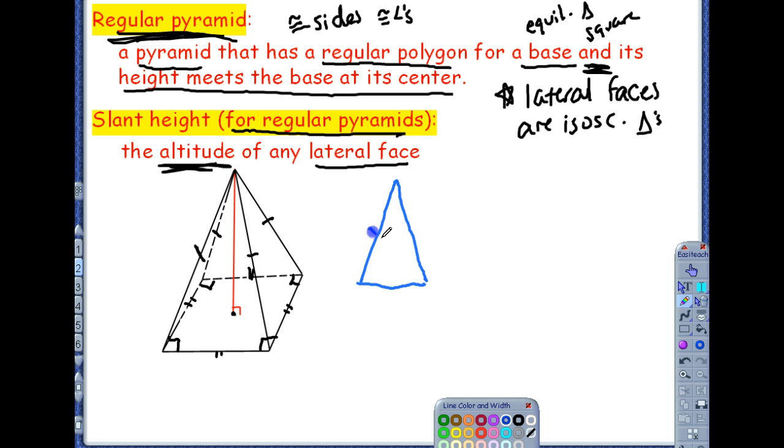So let's label the lateral edges the same. Those are the lateral edges. That's your base edge. If you draw in the height of that, that is your slant height. And we typically use an L for slant height. So when I'm drawing it on this picture, I'm going to draw the slant height just for this side right here.